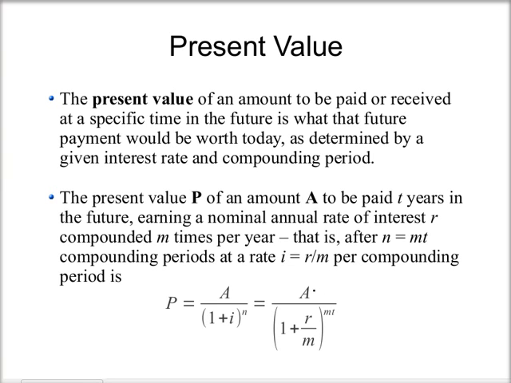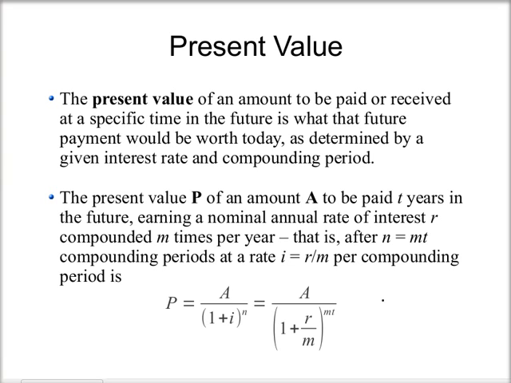In this other version, I've got this in terms of the nominal annual rate of interest R, the number of compounding periods per year M, and the number of years that have passed. Now you may recognize this formula as a variation of the compound interest formula.